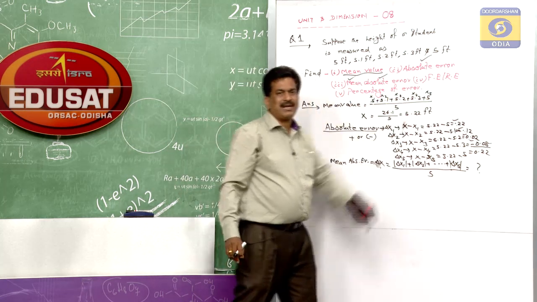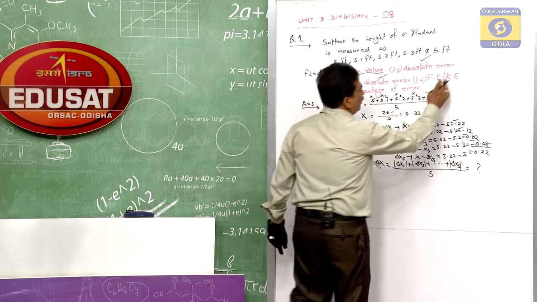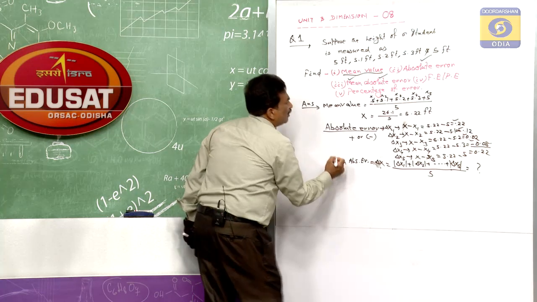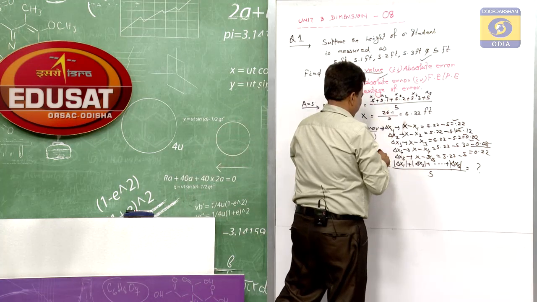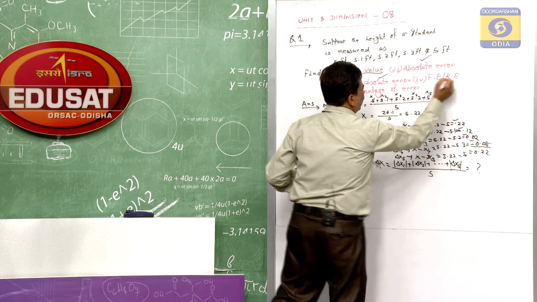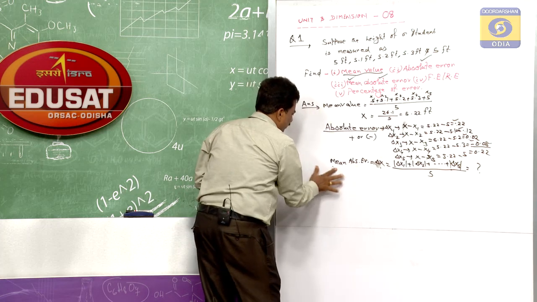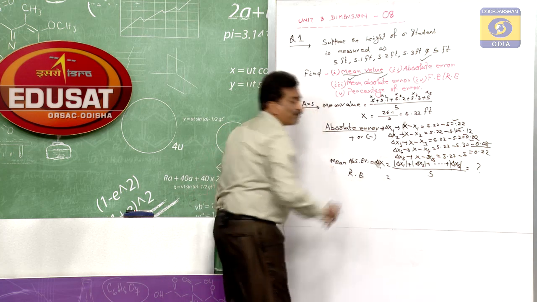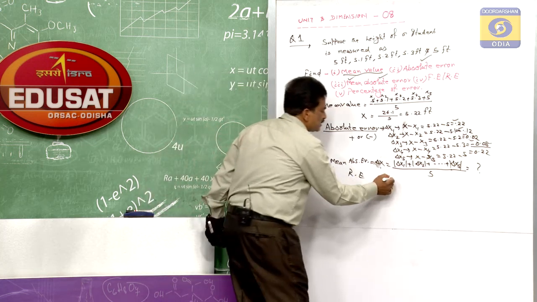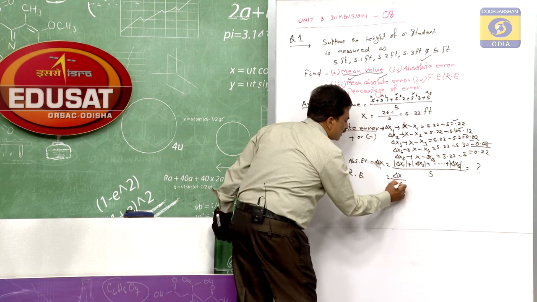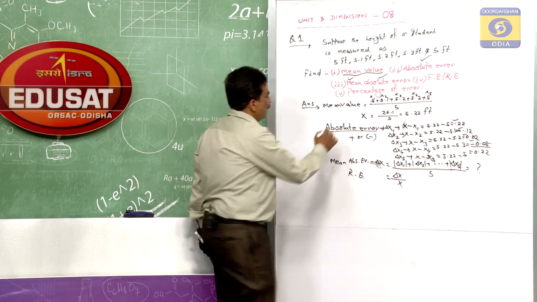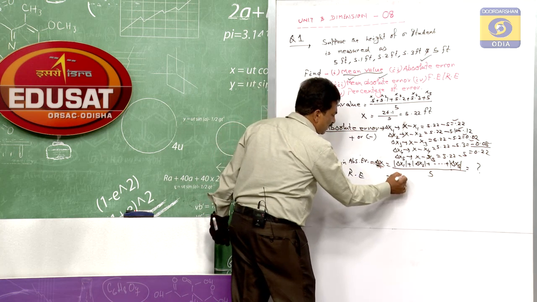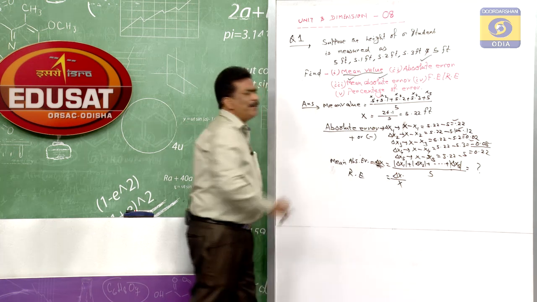Next one is the fractional error or the percentage of error. This is the relative error, fractional error or relative error. So what is the formula of the relative error? That is the ratio of del x by x. Del x is the mean absolute error, which we have found, and x is the mean value.